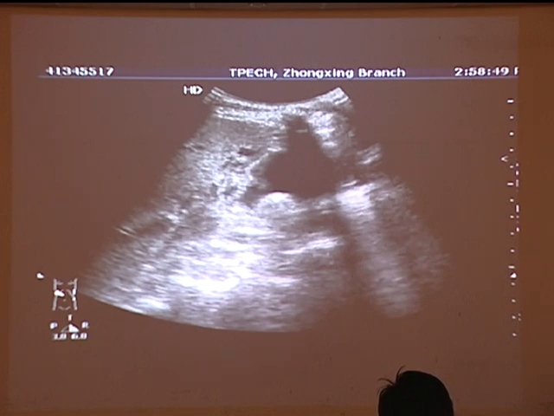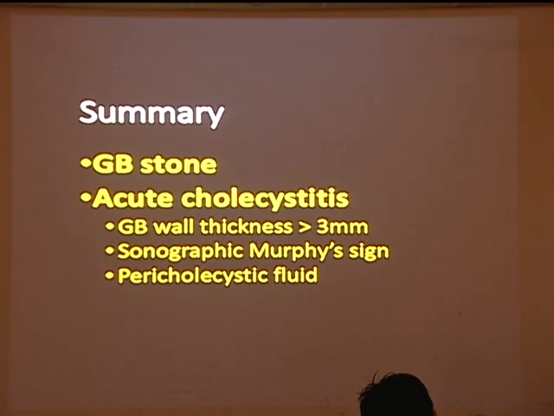If you want to measure the gallbladder wall, measure the anterior wall, this side, near the patient's liver, not this side. Okay, here's the gallbladder summary. Remember the morphology of gallstone: hyperechoic with acoustic shadow. And the second is acute cholecystitis: gallbladder wall thickness, sonographic Murphy sign, and pericholecystic fluid.